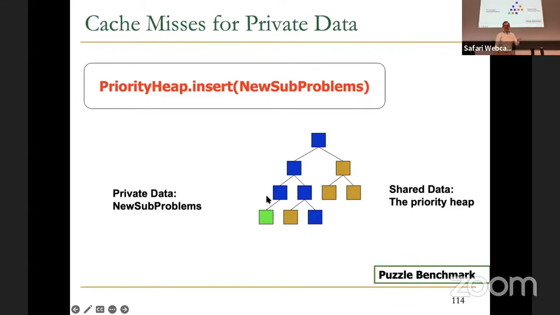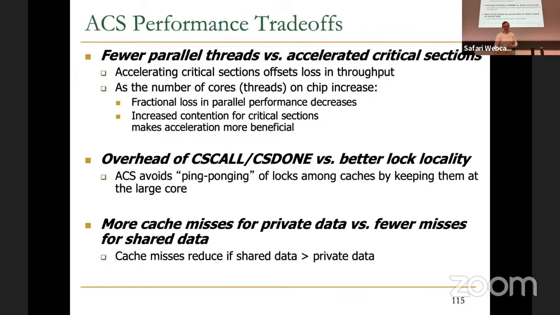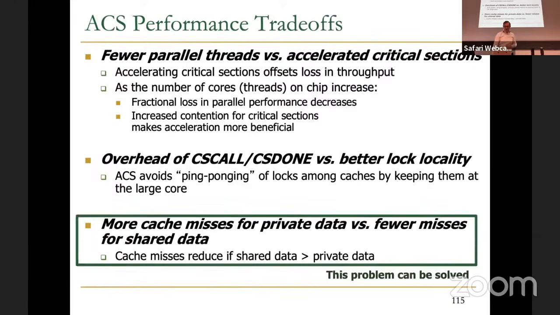So this is a case where the benefits of keeping the shared data on the large core outweighs the downsides of communicating the private data. But of course, this is not always the case. If you're adding a huge thing and your shared data is small, then there could be differences. Okay, so basically cache misses are reduced if the shared data that you touch is greater than the private data that you touch.